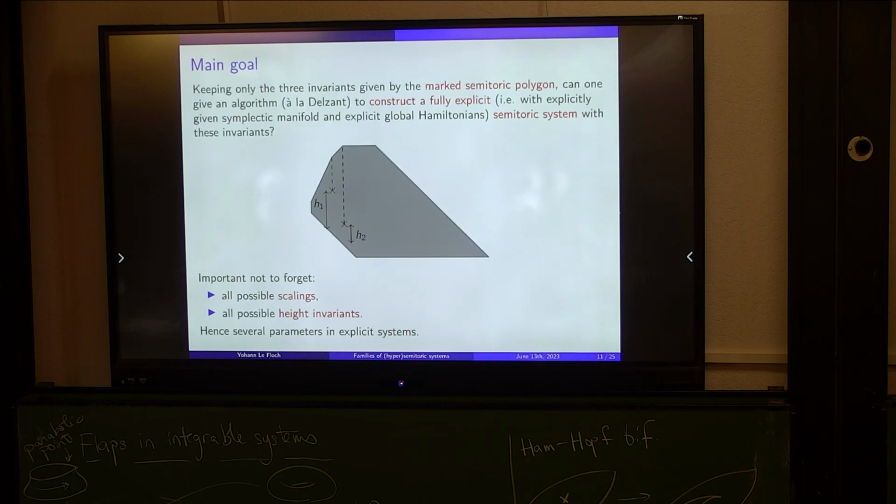Again, the main question we had was the following. So we give the marked semitoric polygon. This is the invariant. Now, can we construct a fully explicit system, again with fully explicit manifold and fully explicit Hamiltonians, having this as its invariant?